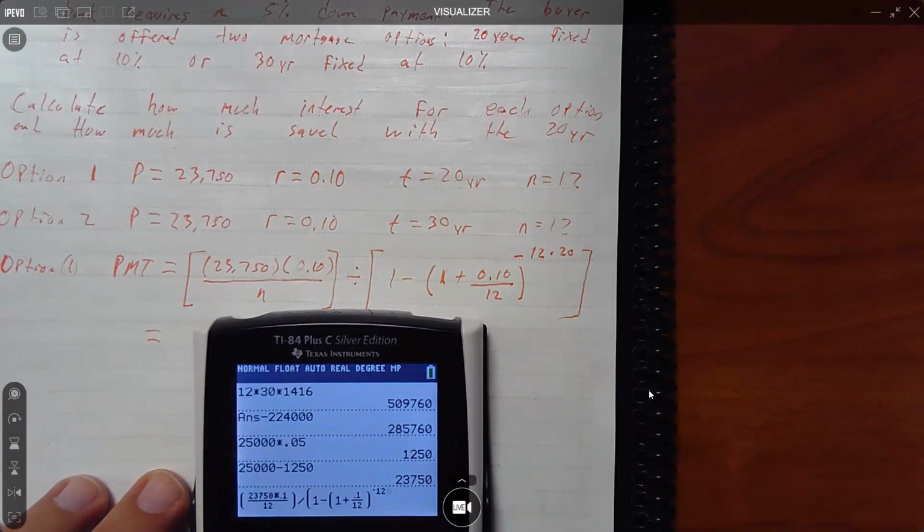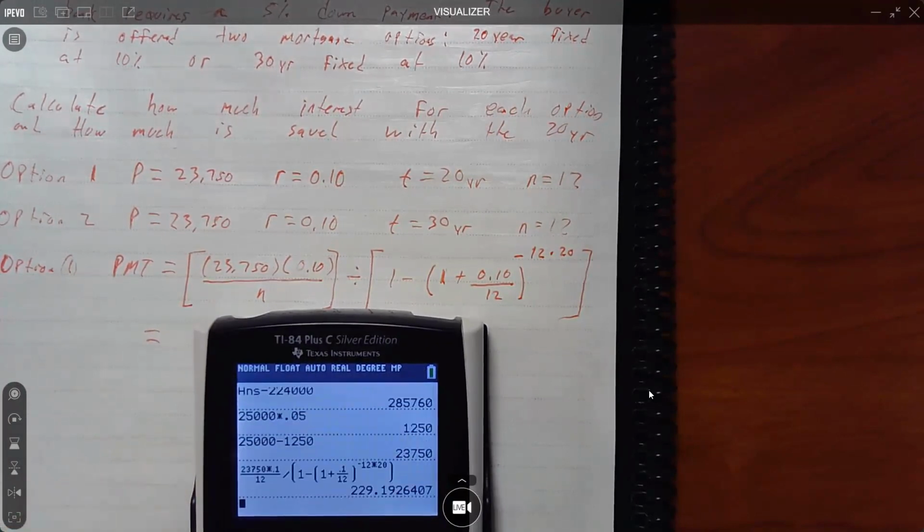Don't use a subtraction symbol, use the negative symbol. Okay. So round to the nearest dollar. I believe they just used 229, but let me check.